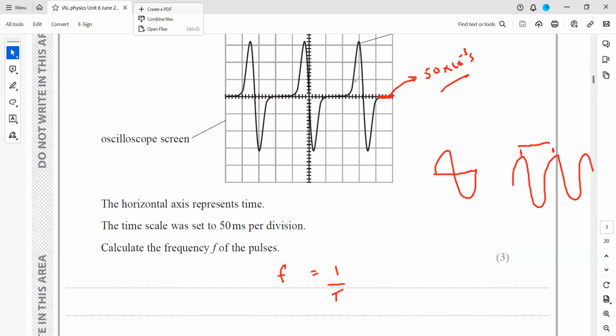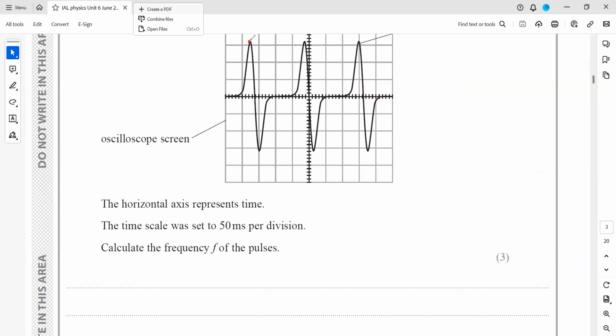For an accurate result, instead of taking one, you can also take two. It's up to you. I can take from one peak to another, or from one crest to another crest, or I can take one crest and one trough.